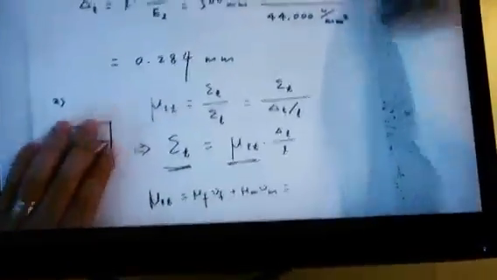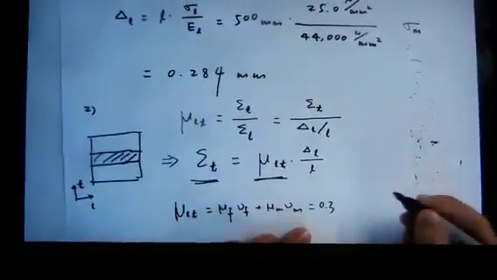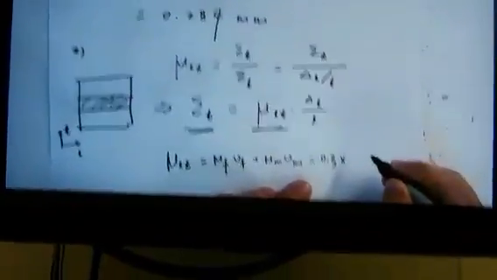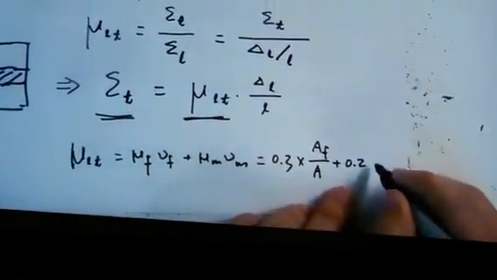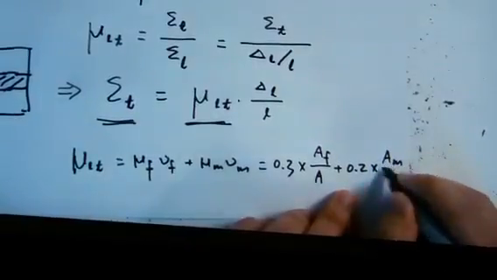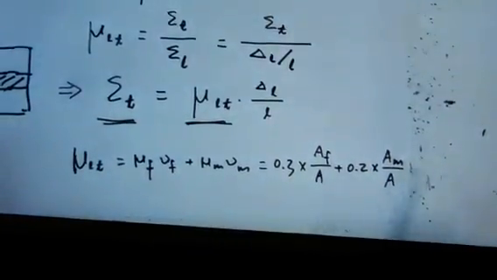mu F equals 0.3 is given. The volume fraction, again, we can use AF divided by A, and mu M is 0.2, given, with AM divided by A. We calculate volume fraction as we have done in calculating modulus.